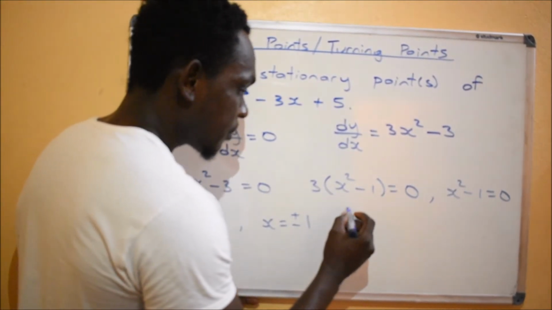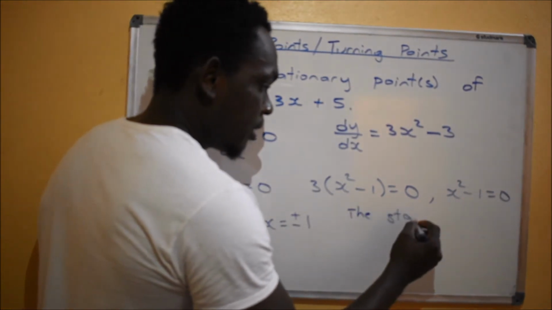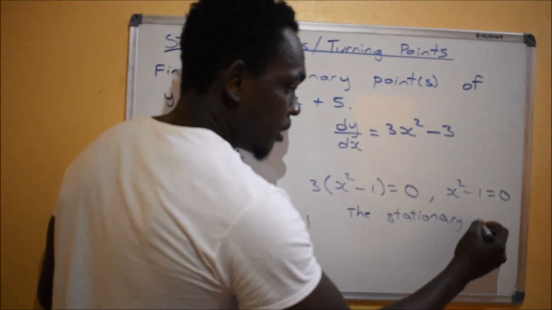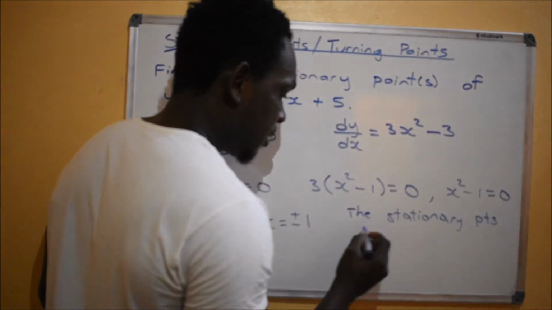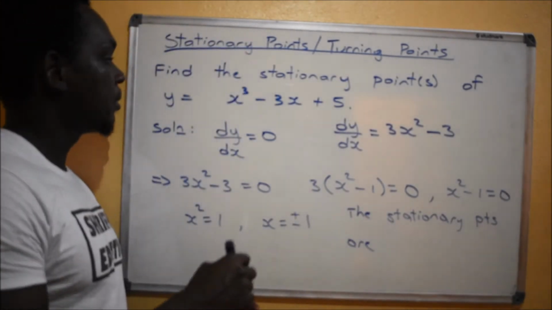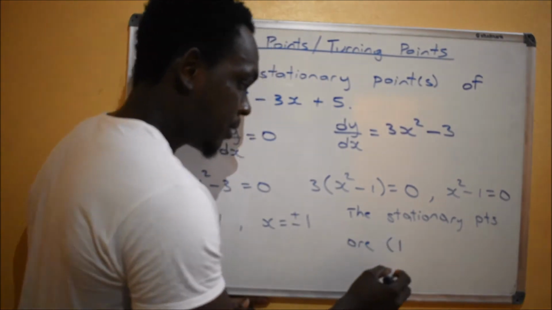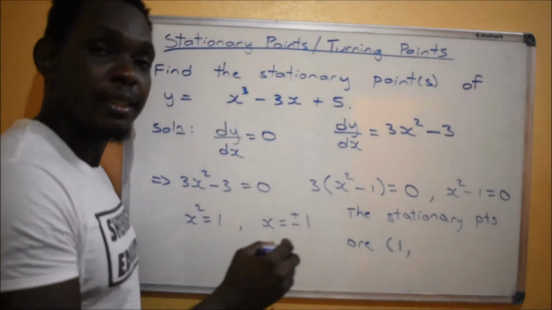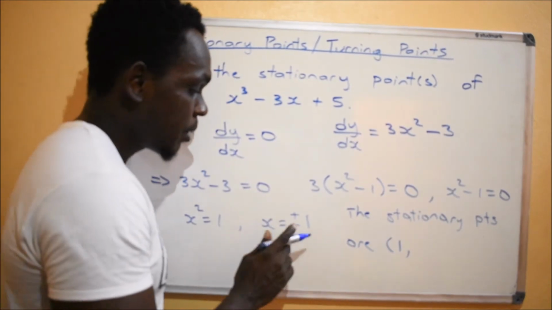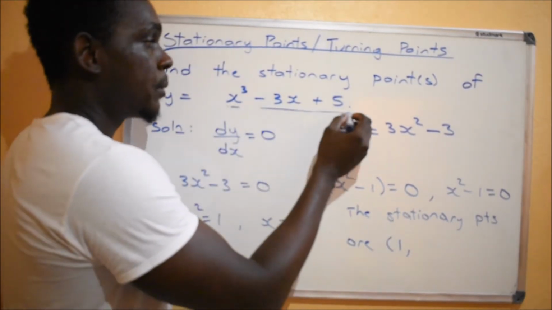So the stationary points are, now we know that one of them will have positive 1 as the x coordinate. So to find the corresponding y coordinate, we substitute x as 1 in the original equation.